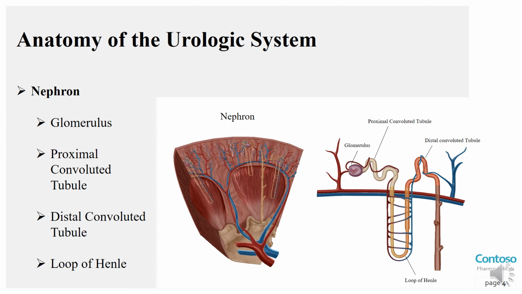So we see the proximal convoluted tubule, the loop of Henle, and the distal convoluted tubule. The tubular system of the nephron is the collecting ducts for urine, and then the urine is carried from there through the ureters to the bladder.